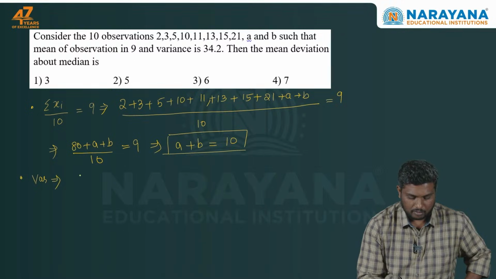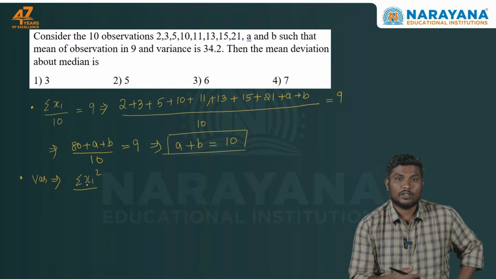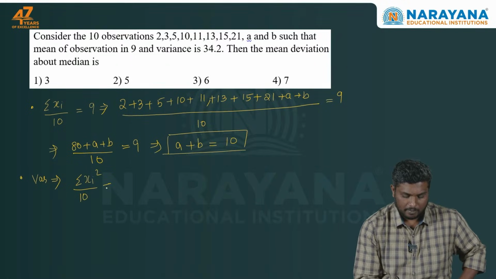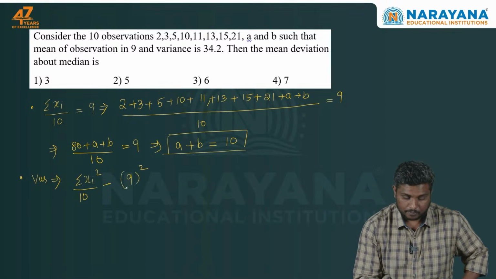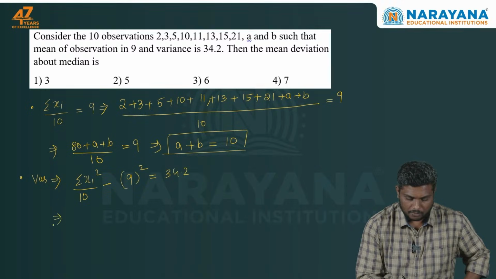Now what is the formula for variance? Variance will be equal to sigma xi square, the sum of squares of the observations, divided by n, minus mean whole square. Mean square is equal to 34.2, and from this I can find out sigma xi square.